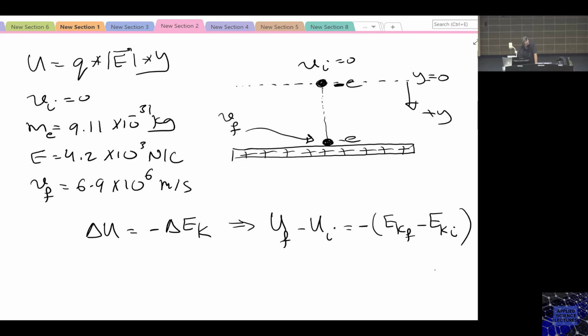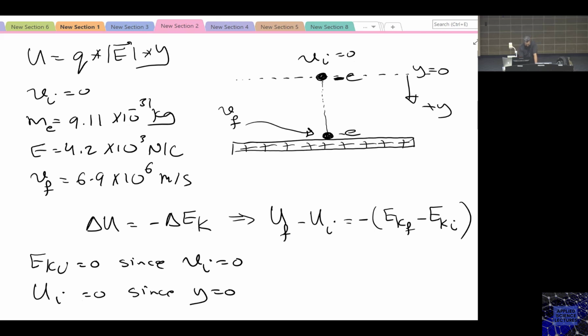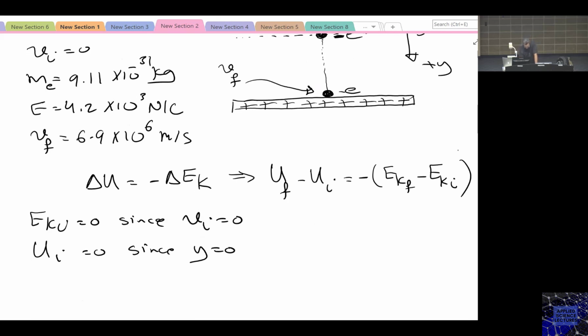Now, since VI is 0, I have EKI equals 0. I have UI equals 0 since y is 0 at that location. So this one is 0 and this one also 0. And this gives me UF equals minus EKF.